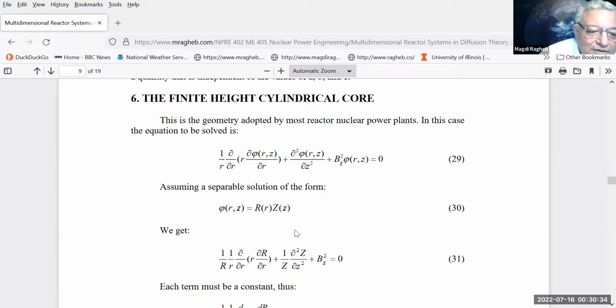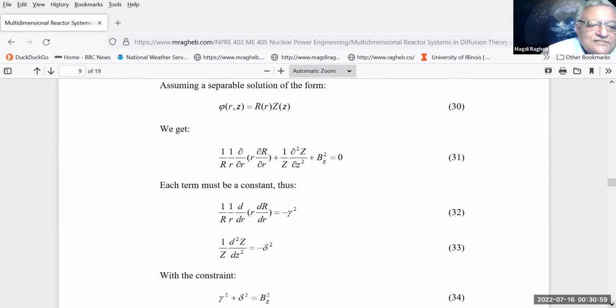But that term depends only on z, and that term now depends only on r. So in that case, those partial derivatives disappear, and we end up with a total derivative. And if we solve for that function of r and for that function of z, we can restore back the solution that has been separated into a function of r and a function of z.